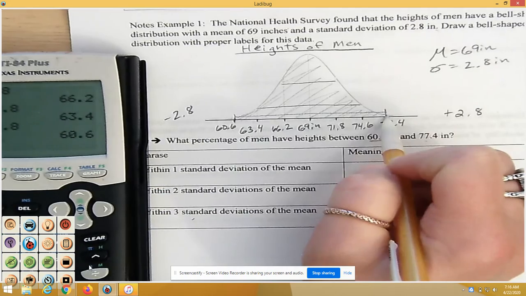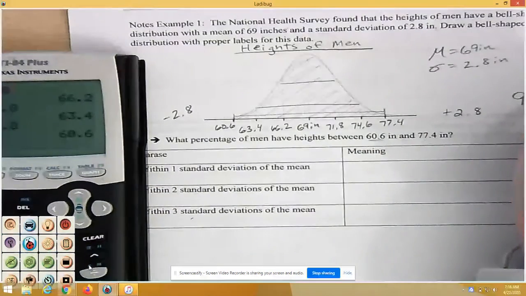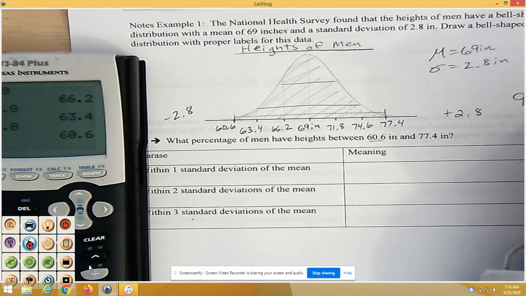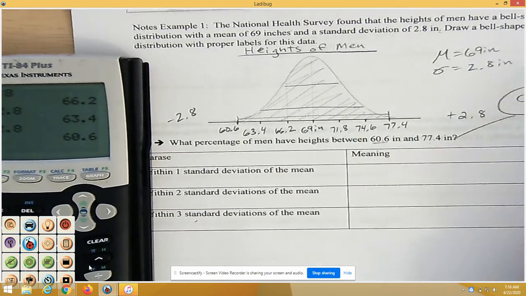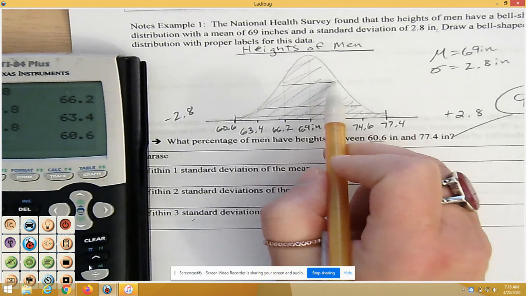So here, 1 standard deviation above and below is 68%, 2 standard deviations above and below is 95%, and 3 standard deviations above and below is 99.7%. Right now, as we're working through our data, we will be looking at values that fit right on the benchmark. Then we can look at another way when the values don't exactly lie on 1, 2, or 3 standard deviations.